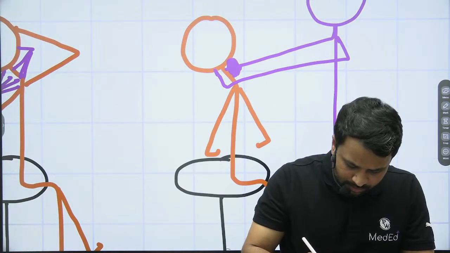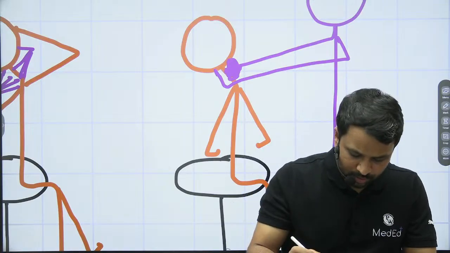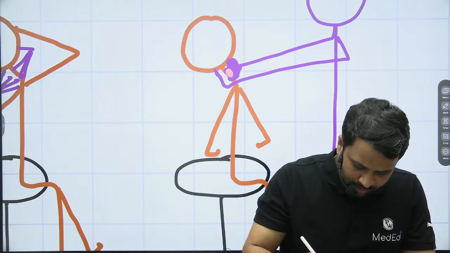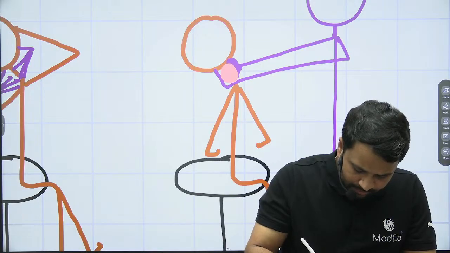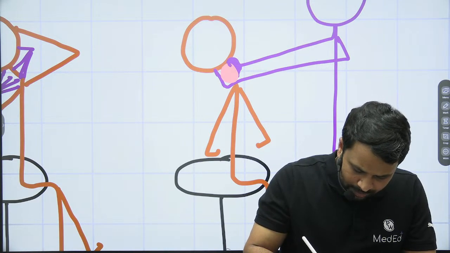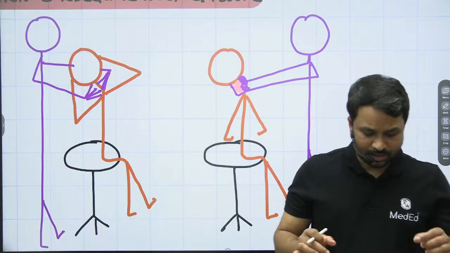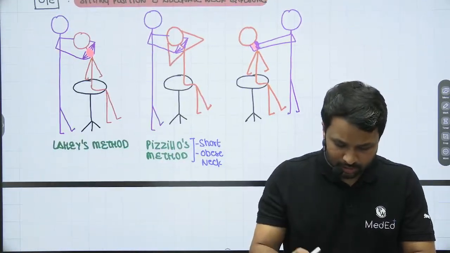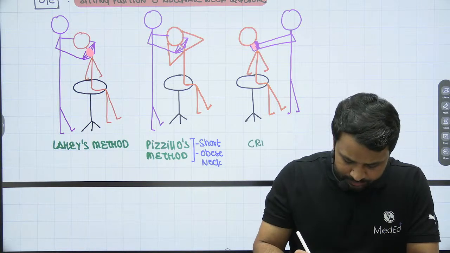So I'm using the thumb here. This is the rest of my hand. I'm using the thumb, which is going to be here, and you have the thyroid swelling which is present here. So in this thyroid swelling, I am using the thumb to palpate this swelling, and this is what we call the Crile's method.